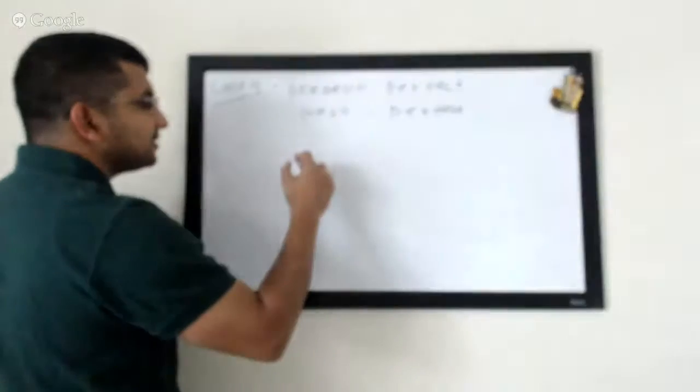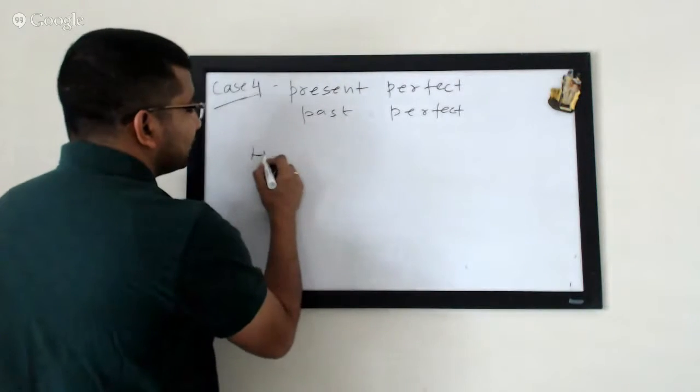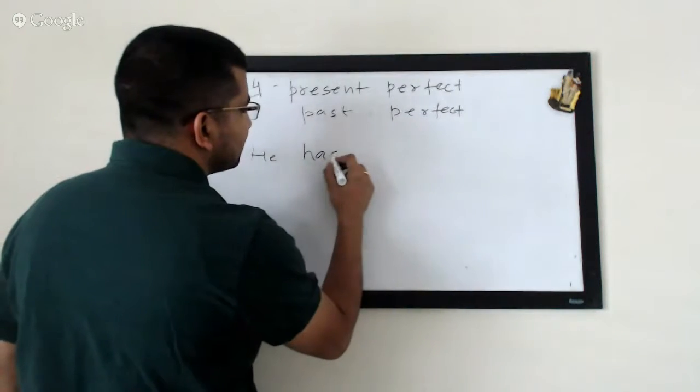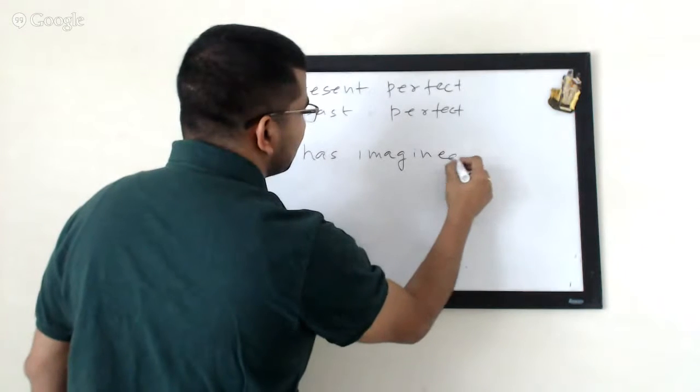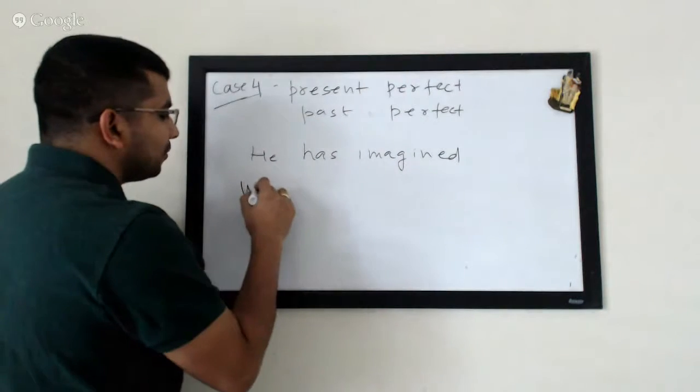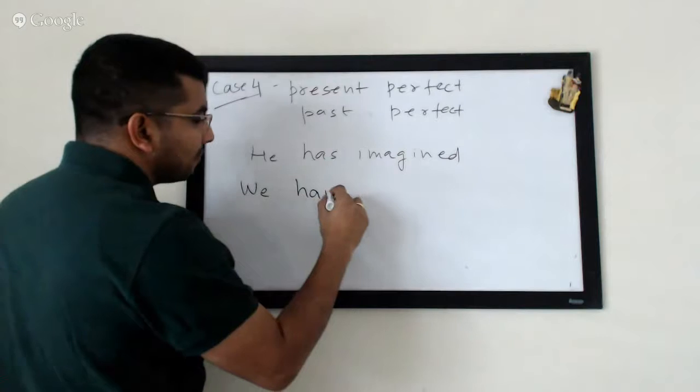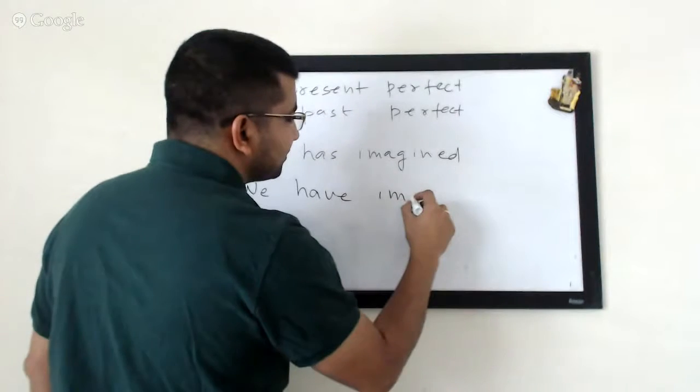Present perfect is when you have: he has imagined, or we have imagined.